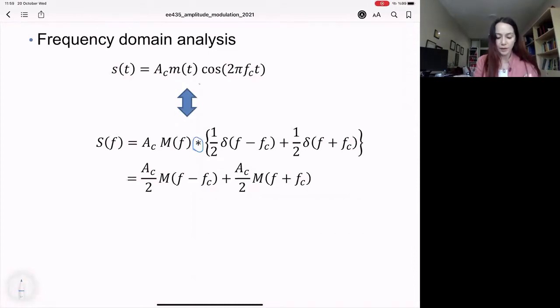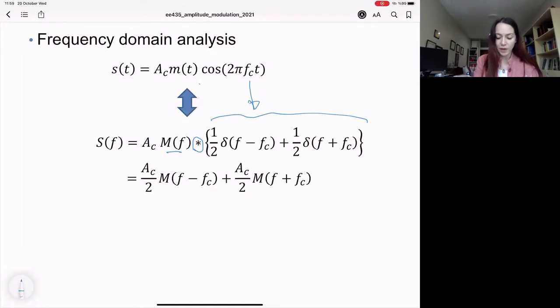So take the Fourier transform of the message and convolve it with the Fourier transform of the cosine, which, as you know very well, is composed of two Dirac delta functions placed at positive and negative fc.